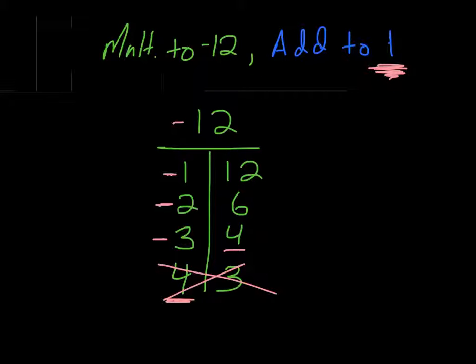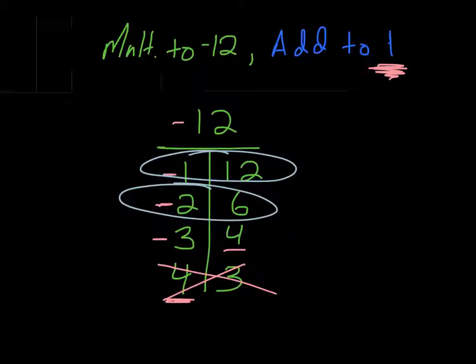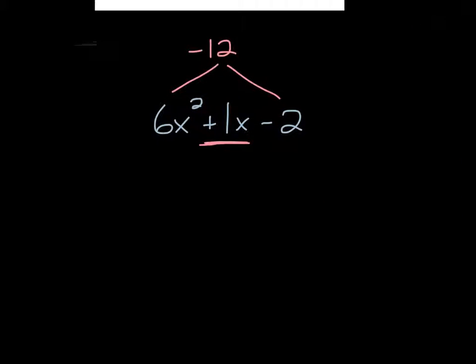Quickly analyzing these groups, those don't add to be a positive 1, but these add to be a positive 1. And again, when you're adding a positive and negative, it's as if it's a subtraction. So in this case, negative 3 and 4 are the two numbers that we want to use to split that middle term. And just to show what we do with that, we're going to write 1x using the numbers negative 3 and 4. And here we've split that middle term into negative 3x and a positive 4x.